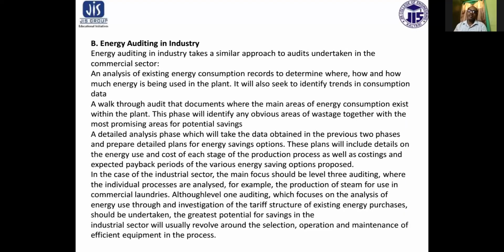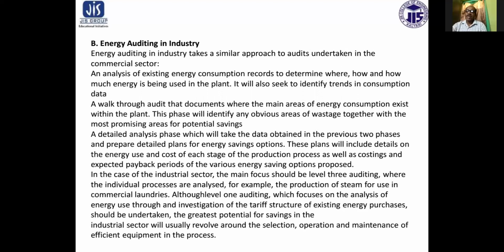Energy auditing in industry. Energy auditing in industry takes a similar approach to audits undertaken in the commercial sector.